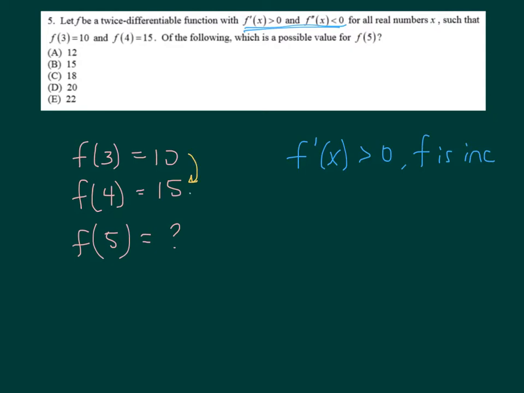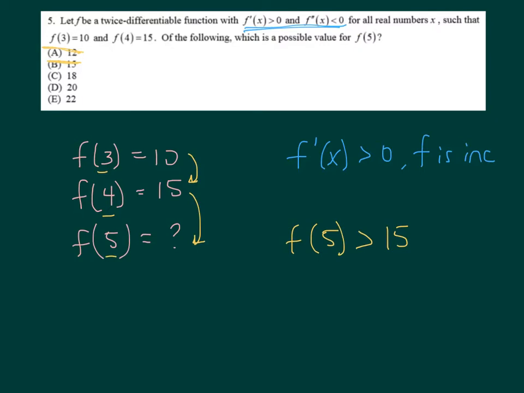So that means that my f of 5, since this is counting in order, 3, 4, 5 for the x's, as x is increasing, my y should be increasing. So that tells me that f of 5 has to be bigger than 15. It can't be equal to 15. It has to be bigger than 15 in order for me to continue to increase. Okay, so if I go look at my choices, I can get rid of the first two right away. Now is it 18, 20, or 22?